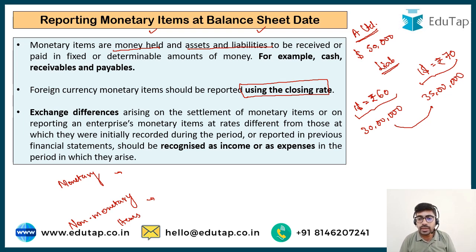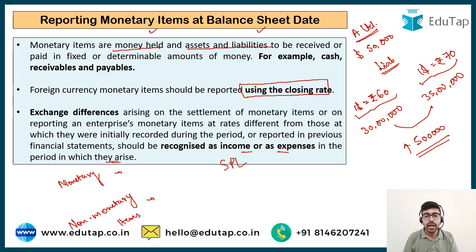So now this increase of rupees 5 lakh is sort of an expense, a loss for us. तो यहाँ पे हमारा 5 लाख का बैठे बैठे नुकसान हो गया. So all the losses and expenses go to the statement of profit or loss. It is to be recognized in the financial statement as income or an expense in the period in which it occurs.